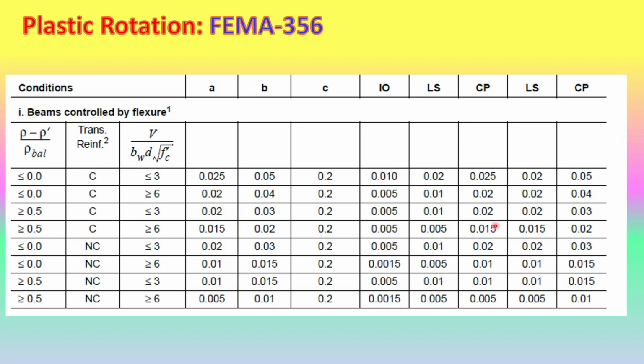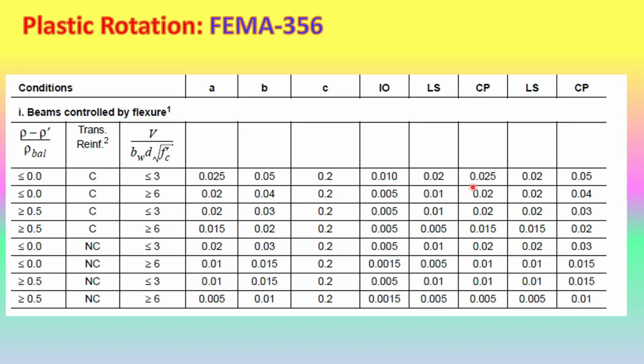We see that the maximum value of the rotation here at collapse prevention is almost at the verge of collapse. So plastic rotation is very high. The values are given in radian. So we see that 0.025 is the highest in radian for plastic rotation for an almost collapsing building. This value, if you take to degree, becomes about 1.4 degree or so.